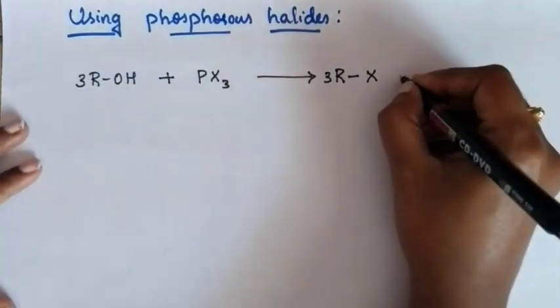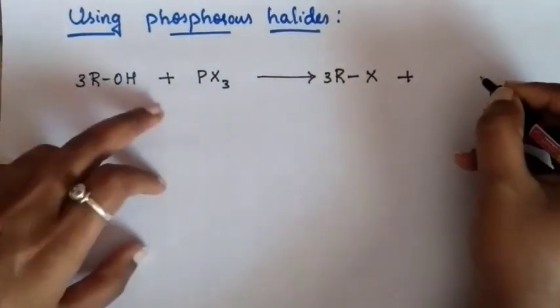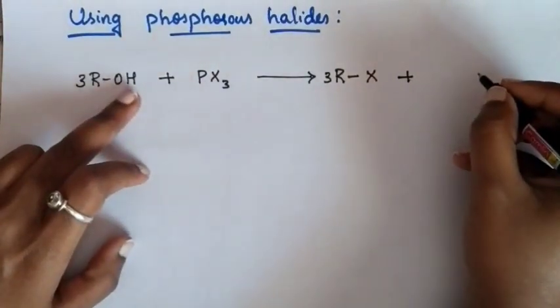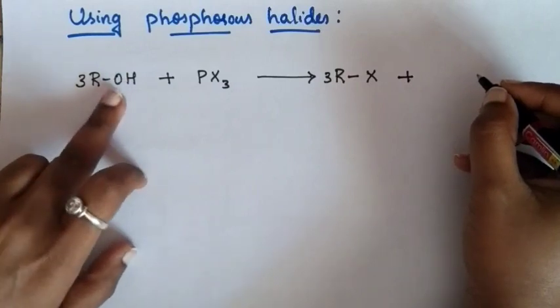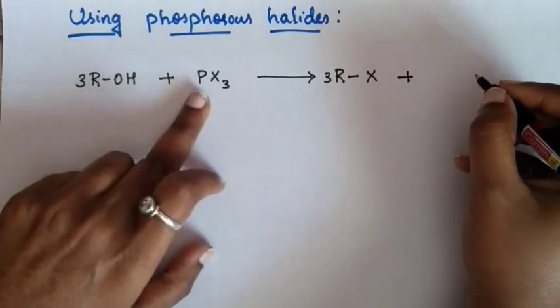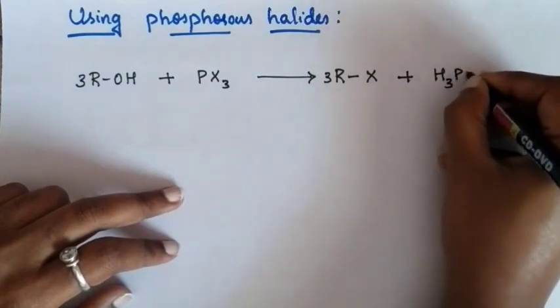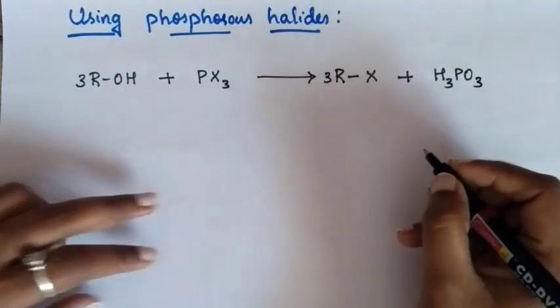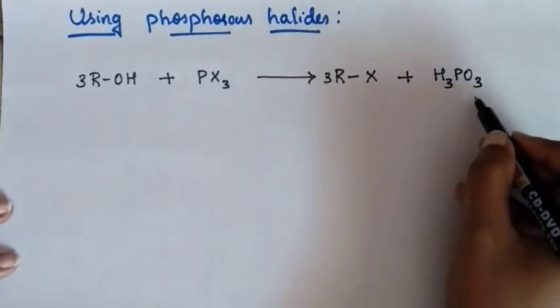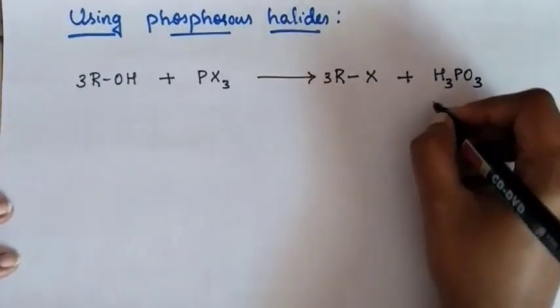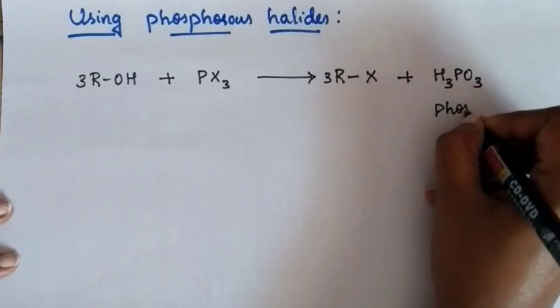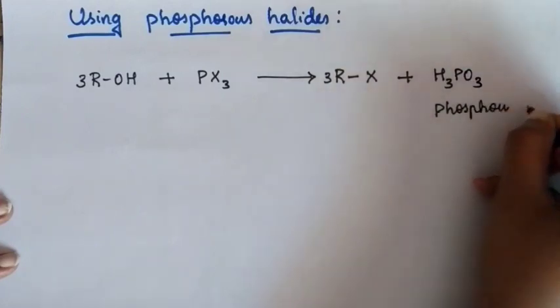Now what is left out? We have 3 H, 3 O and 1 P. What is that compound? H3PO3. In this process we are getting H3PO3 as a byproduct, and H3PO3 is nothing but phosphorus acid.